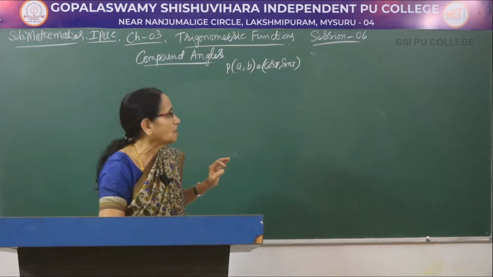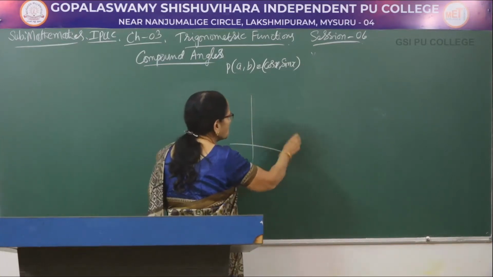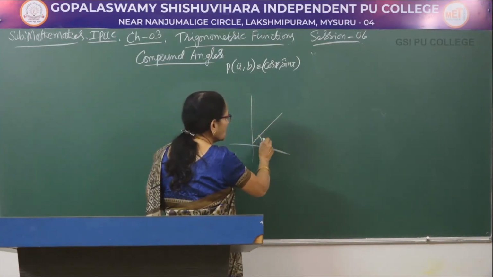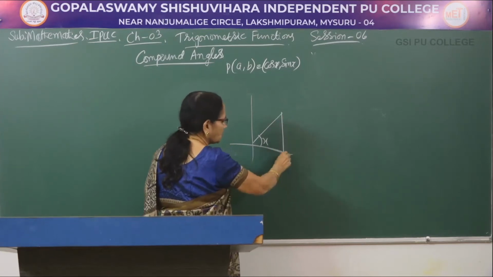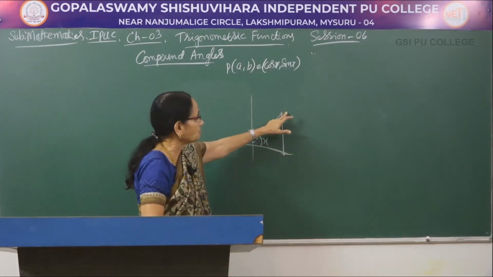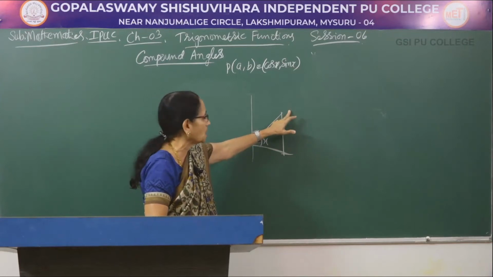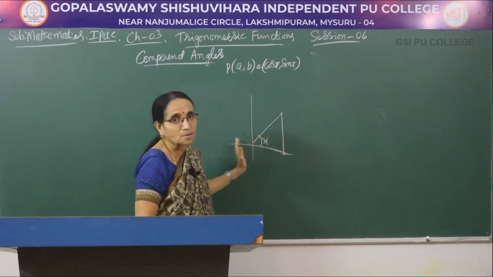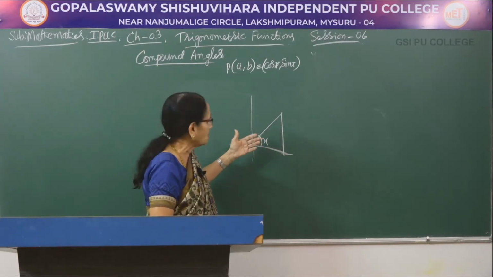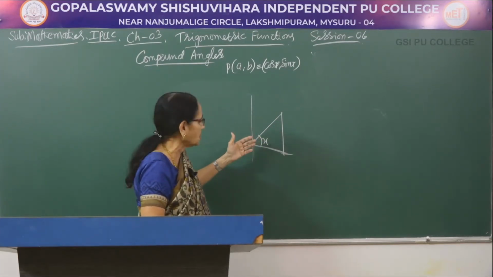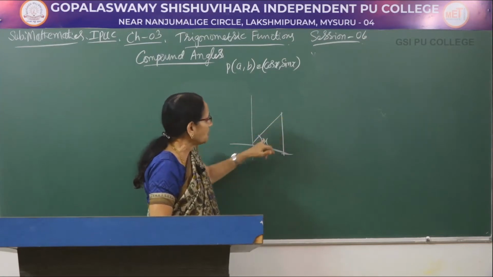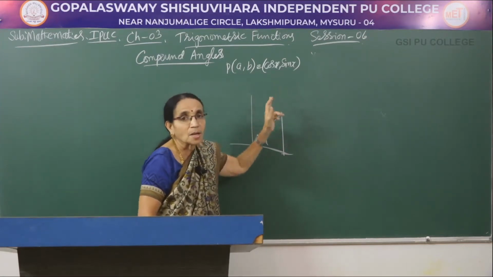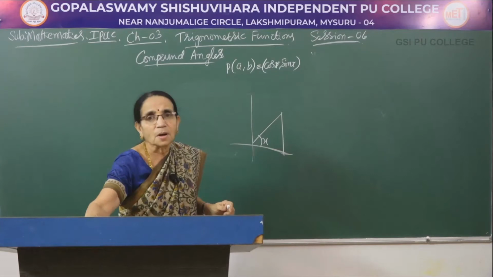Suppose a line is making an angle x with the x axis, and that particular point is having the coordinates a comma b. Of course, we are considering a circle with the origin as center and 1 as the radius. In that case, if the line makes an angle x here, its coordinates can be taken as cos x and sin x.